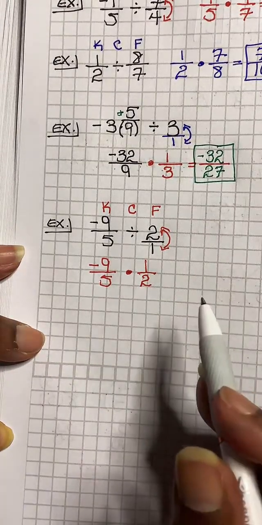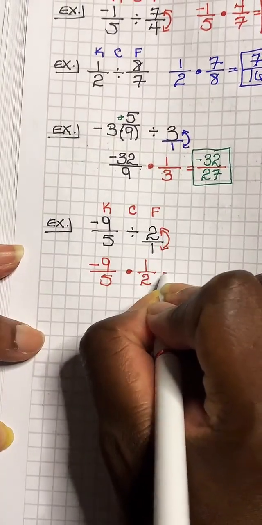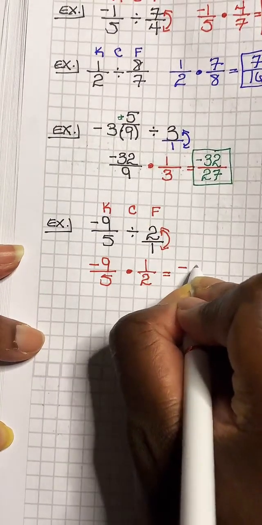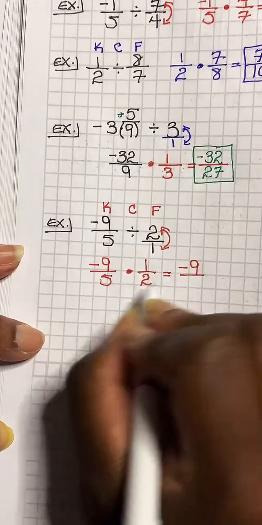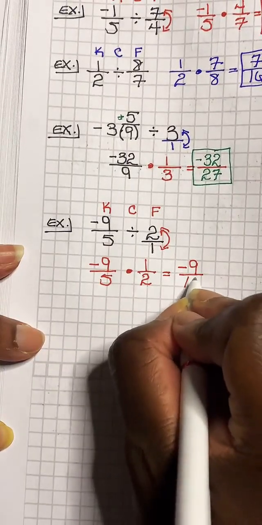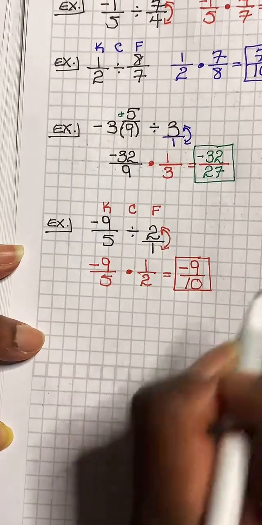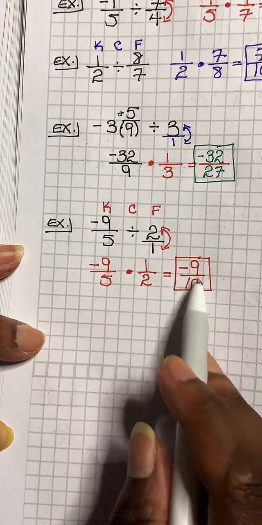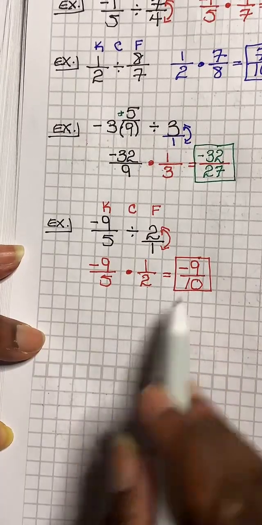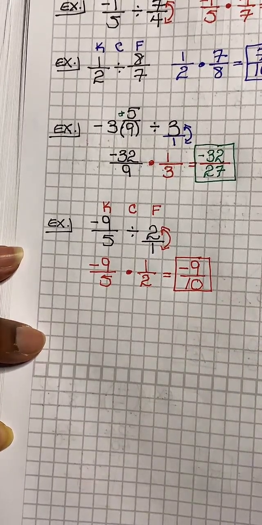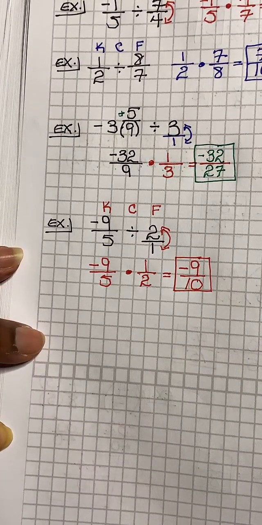The only thing that they have is 1. So that means we have negative 9 over 5 times 2, which gives me a positive 10. So the negative sign only goes to one or the other, not both. One or the other. Okay? Excellent.